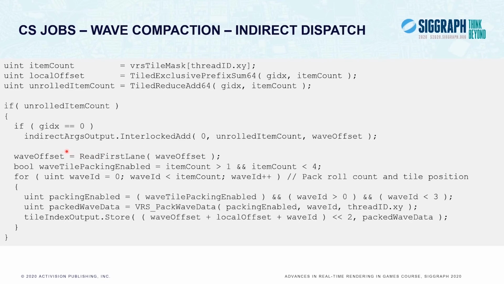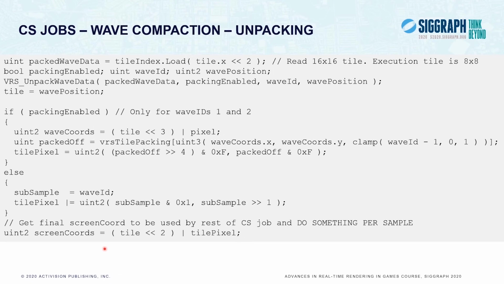And then, for every wave that would actually fall into the category of being fully unrolled and reading the tile offset map, we would pack some auxiliary data into a per wavefront buffer. That auxiliary data would contain whether the wavefront is packing enabled, its own wave ID, and thread offsets. And then we would just shoot them off.